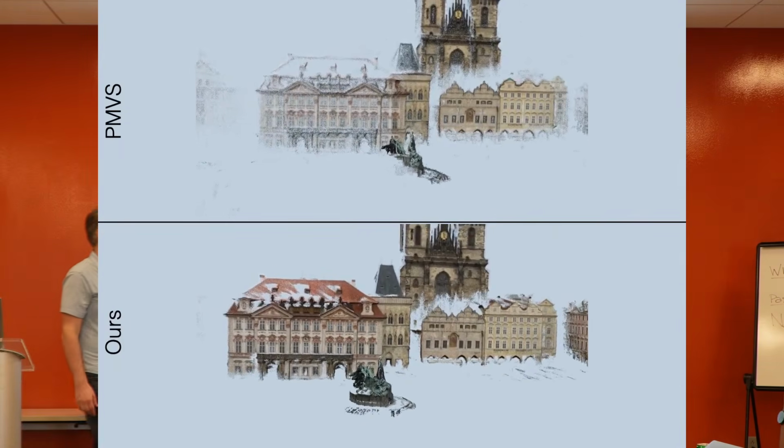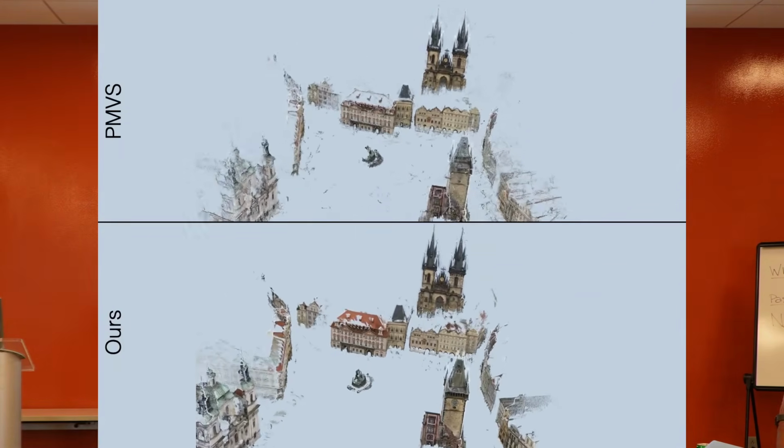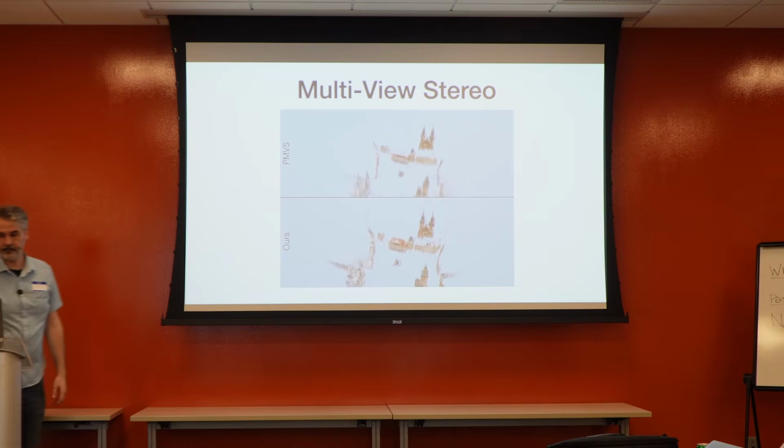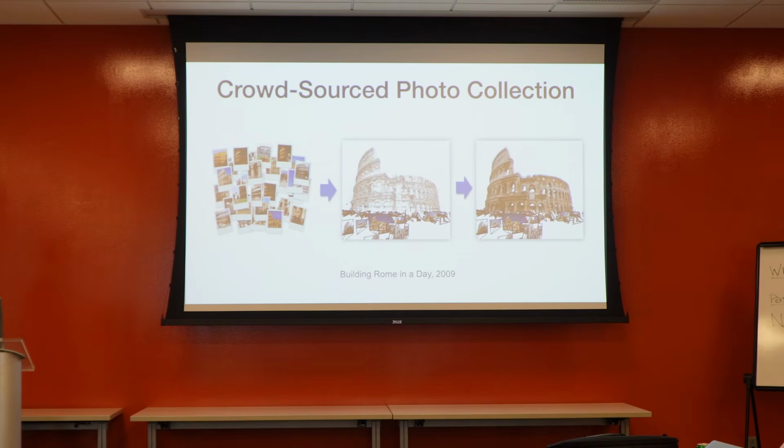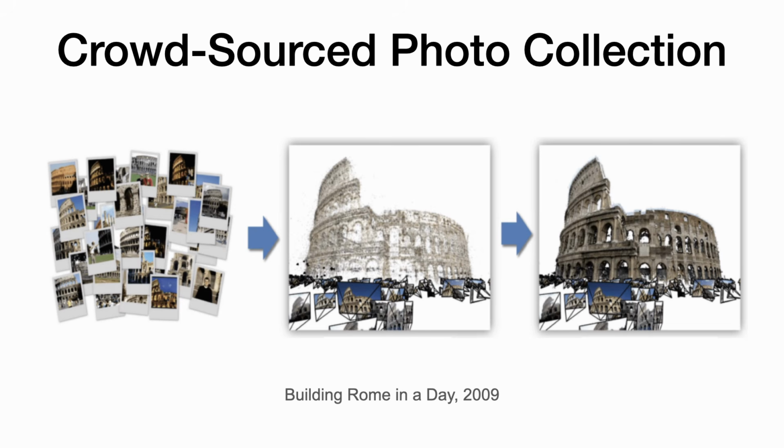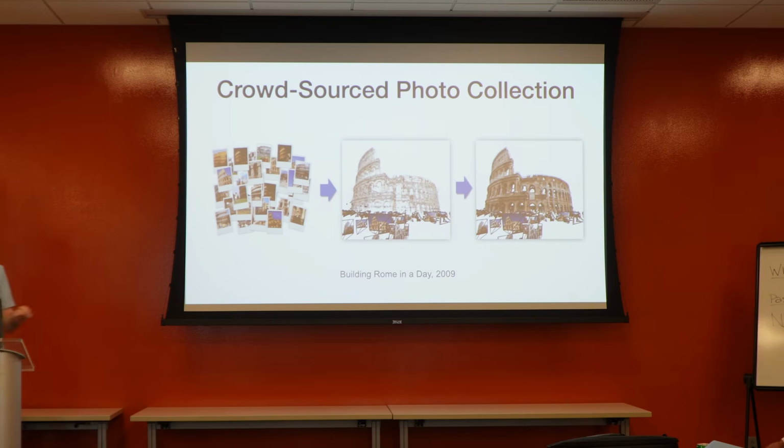And this is just a comparison between a previous technique and a new one that someone was proposing. Sort of as an aside, where did all this data come from? Those 75,000 images of downtown Rome came from crowdsourced photo collections. There are some data sets out there that are highly curated.